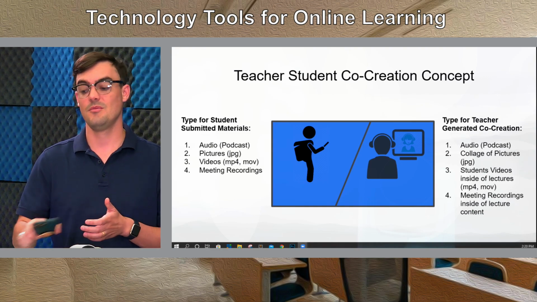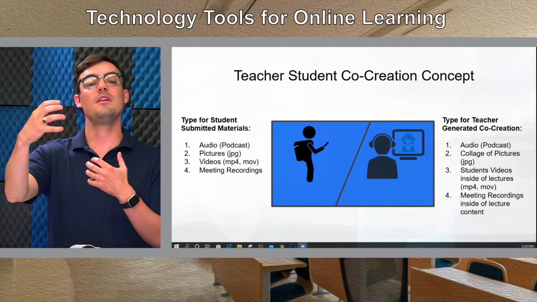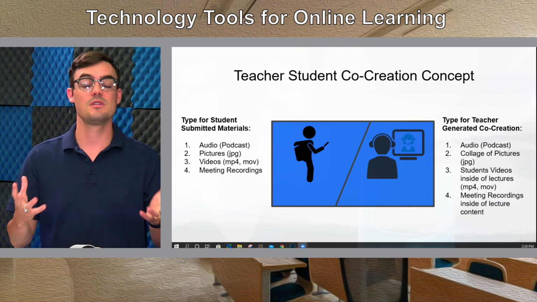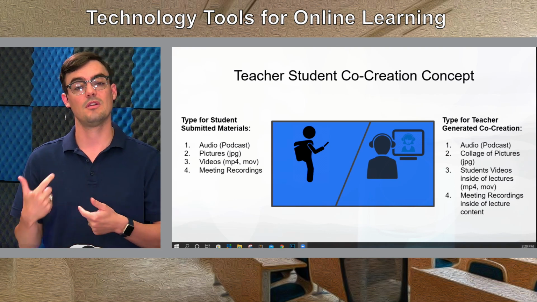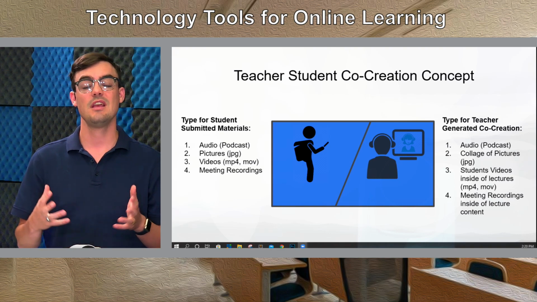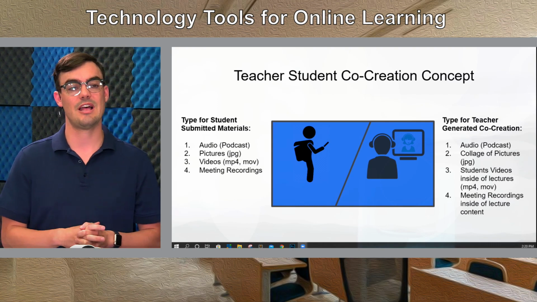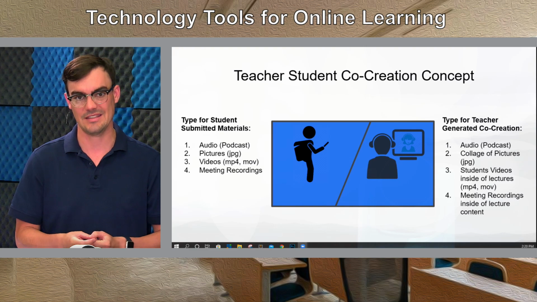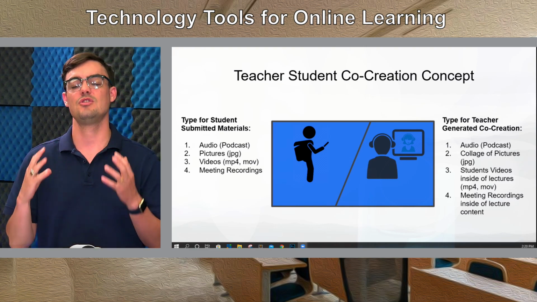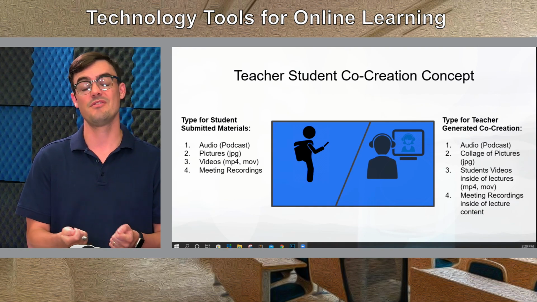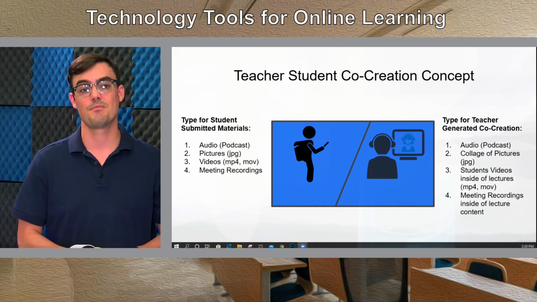You could also ask them to do screen captures of important websites or important findings along their way. And of course, they can use Zoom to do short little screen captures and email you those. And also, if your students are meeting in small groups or collaborations, they can record those meetings and submit them to you. There's so many different ways that students can submit content themselves. And I think you'll find it a very rewarding process.